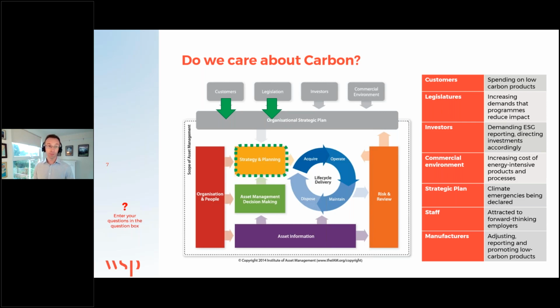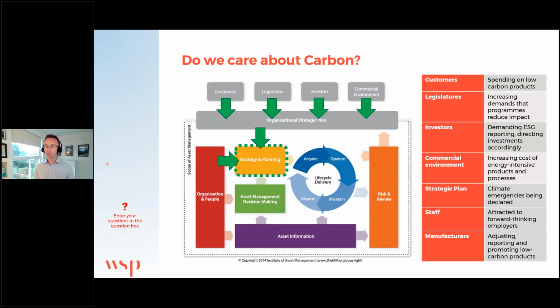Investors are voting with their feet or their dollars, demanding ESG reporting and directing some of their investments accordingly, aggressively sometimes. And then in the commercial environment we're working within, there's an increasing cost of energy intensive products and processes. All of that is getting entrenched into the strategic plans of the organization, and so that's coming through into the strategy and planning departments.